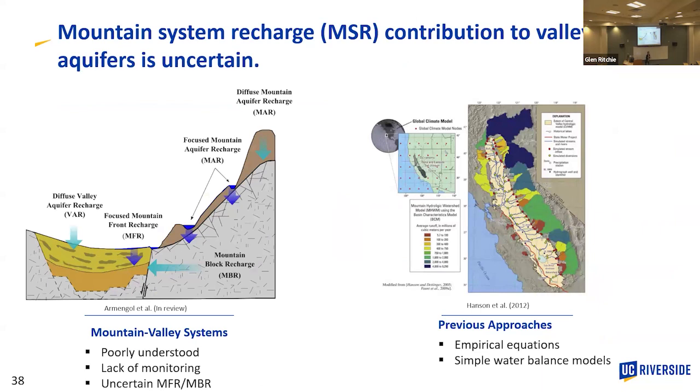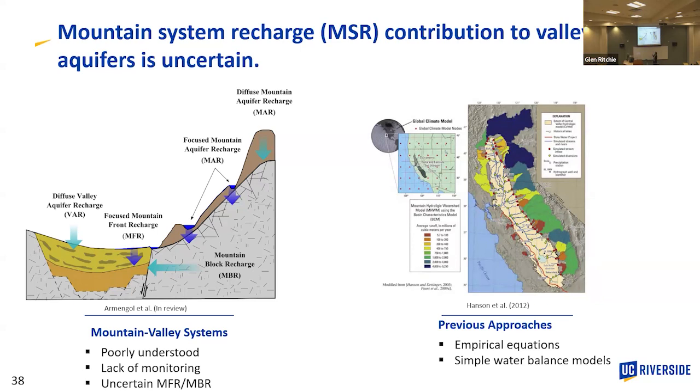But the problem with the mountainous environment is that we often don't have observational data in these systems. Hydrological processes are very complex, and recharge also consists of multiple pathways as represented in this figure. So we have precipitation that infiltrates through the mountain bedrock, which we refer to as mountain aquifer recharge.